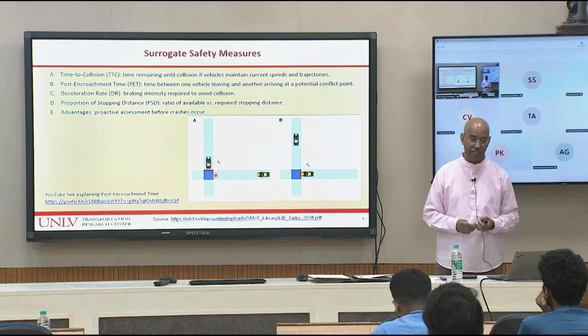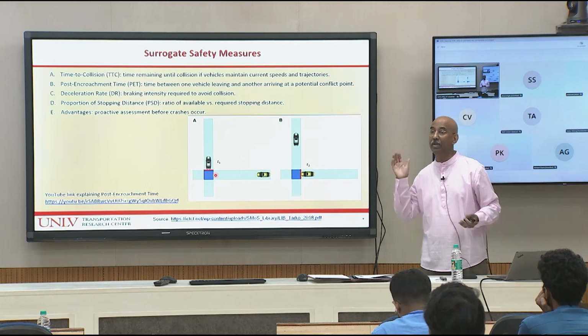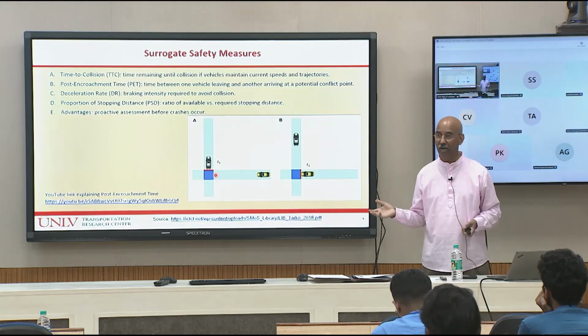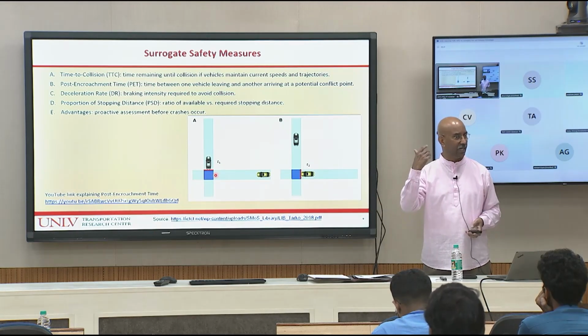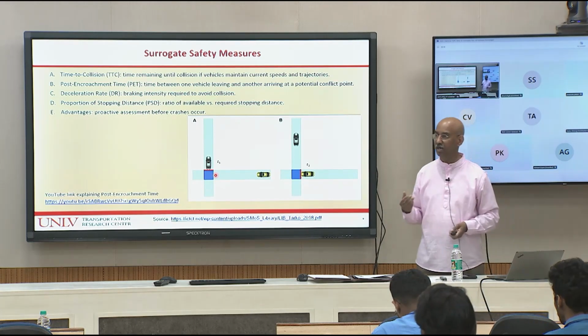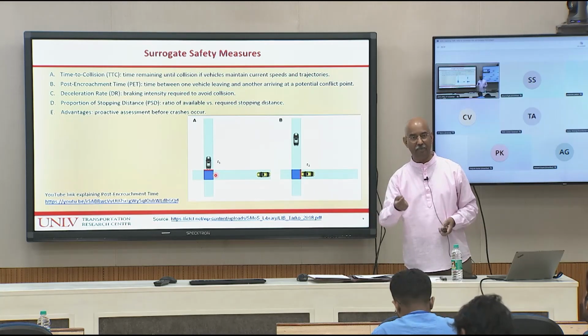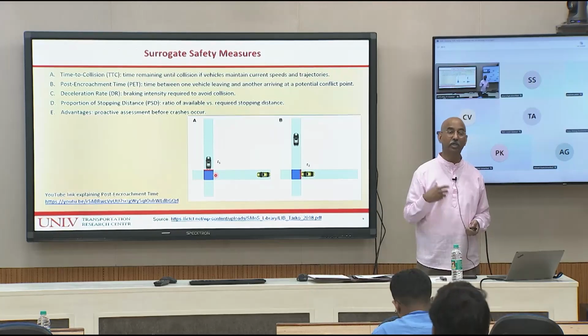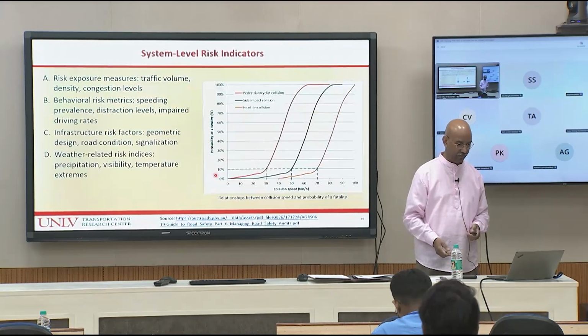Another is the proportion of stopping distance ratio: where are people actually stopping versus what you thought you had. This comes with sight distance and traffic signal timing, how much time you are going to give for your amber. So these are far more proactive, trying to look at events as they happen. They did not end up in a crash, but could have. So what can we do proactively to address this?